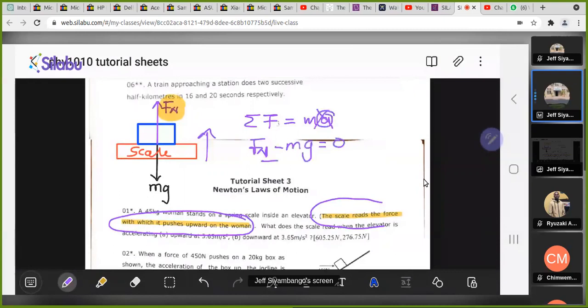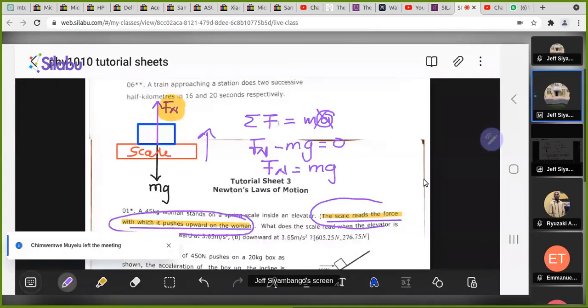And again, I keep coming back to this statement. The scale reads the force with which it pushes onto the woman. So if you are standing on a scale and the scale is just in your room, it means that the force it is pushing on you, which is the normal force, would just be equal to mg, which is your weight.